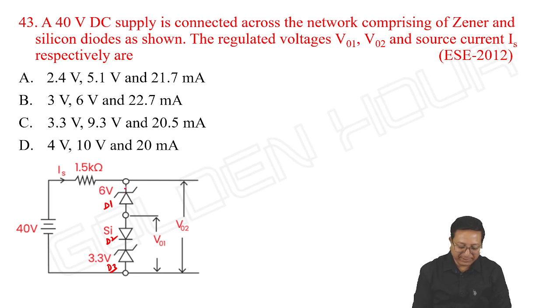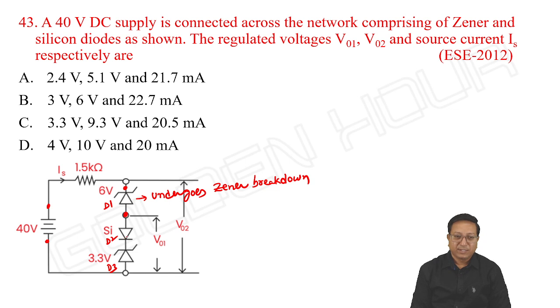What about D1? Its cathode is going towards the positive terminal of the supply and anode is going towards the negative terminal of the supply. It is reverse biased. Its breakdown voltage is 6 volts, supply is 40 volts. So it looks like D1 undergoes GNR breakdown. As far as D2 is concerned, its anode is going to positive terminal of the supply, cathode is going to negative terminal of the supply.